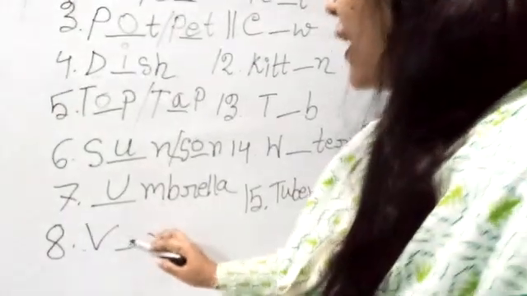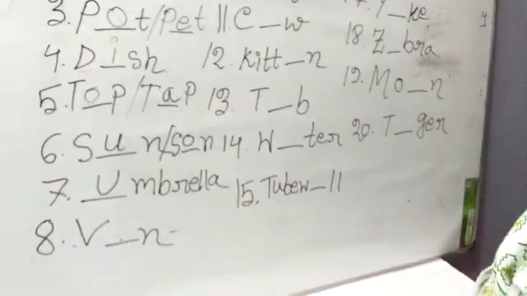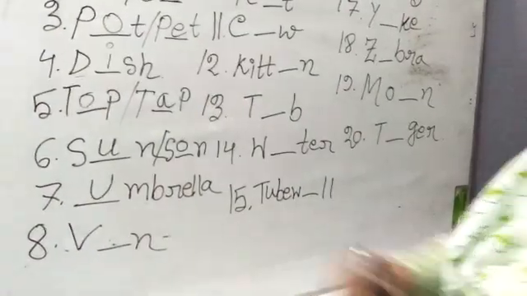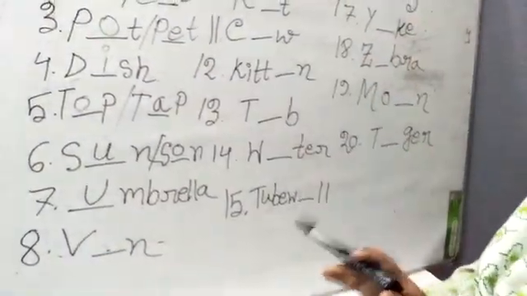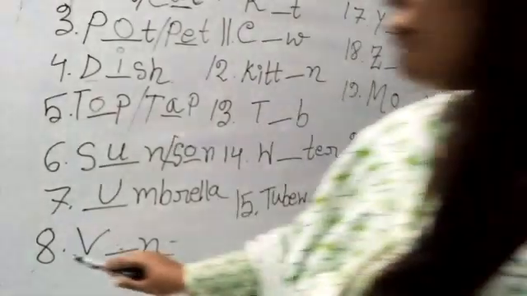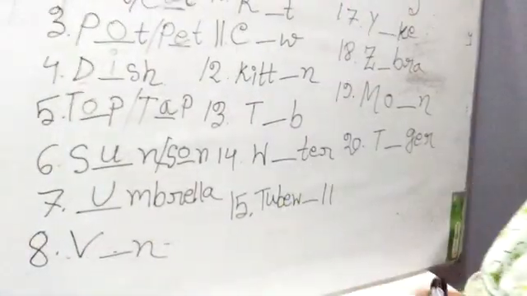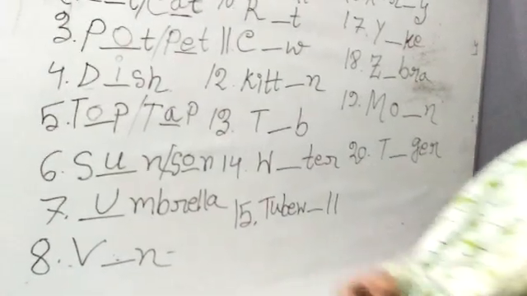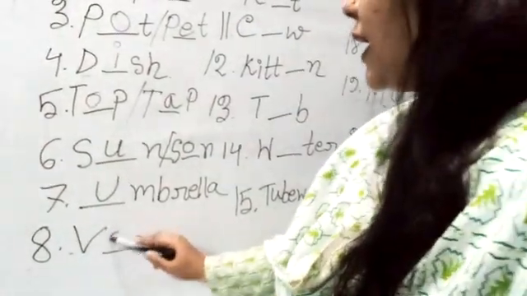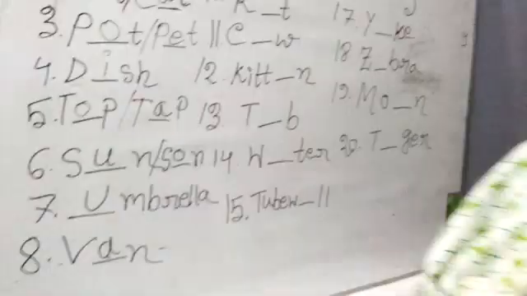Then V I N, vin, no. But if the V becomes B, bin, it makes sense. But here it's not B, it's V. So vin doesn't make any sense. It doesn't actually have any meaning. Then van, yeah, it becomes a meaningful word, a kind of vehicle.